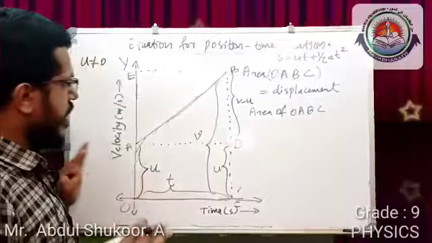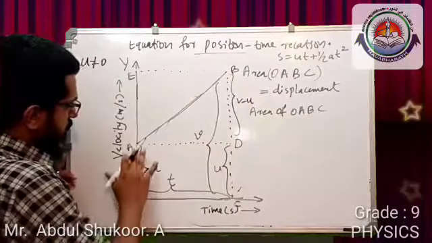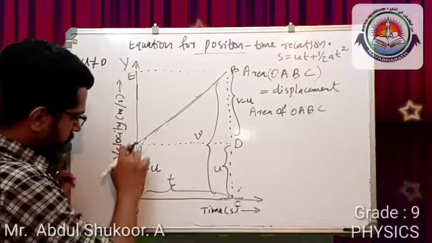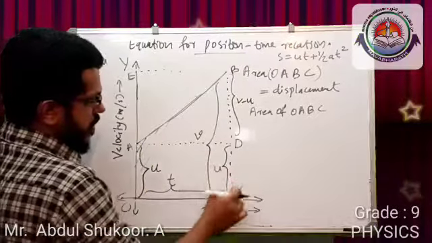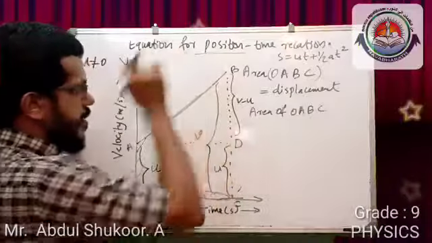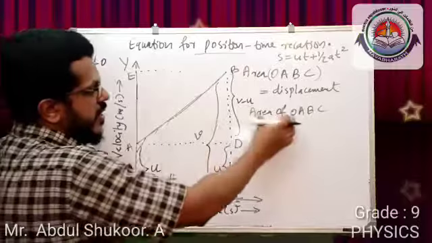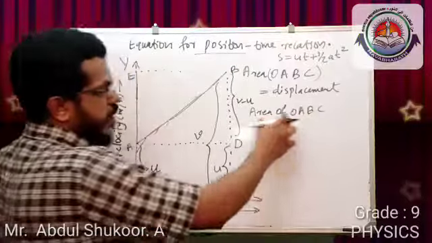Then we can find the total area of the trapezium by adding the area of the rectangle AOCD and the triangle ADB. If we add these two areas, we get the area of trapezium OABC.